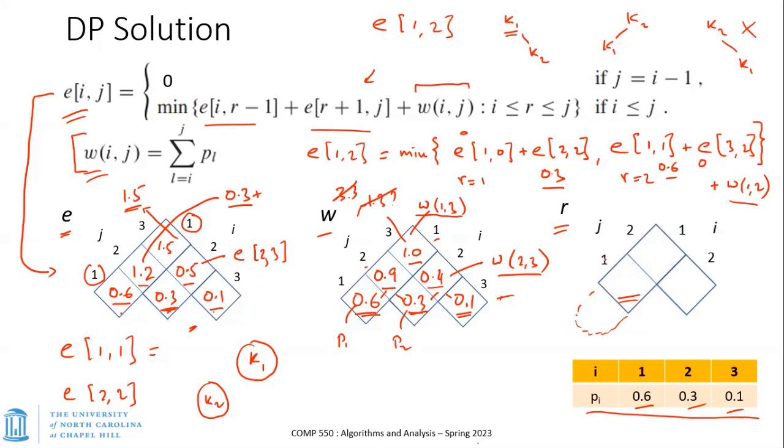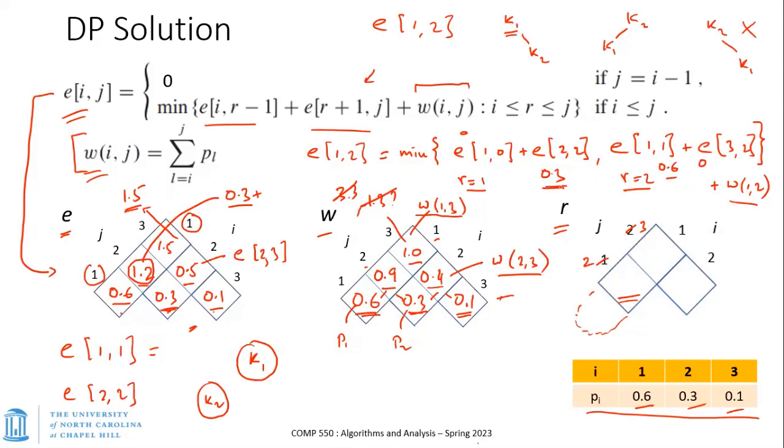So that should be 2 and 3. In the case 1, 2, which is this particular solution, we looked at both the possible R values. We looked at R equal to 1, and then we looked at R equal to 2, and which value gave us a lower cost?